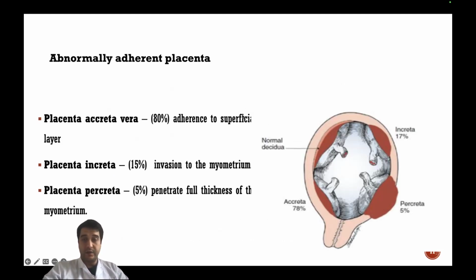Placenta accreta vera is 80% of adhesions. Then placenta increta, and the last one, less than 5% of all abnormally adherent placenta, is placenta percreta. This grows through the uterine wall, and sometimes it will reach the bladder or other organs in the pelvic area.